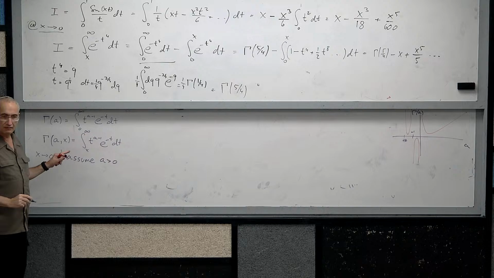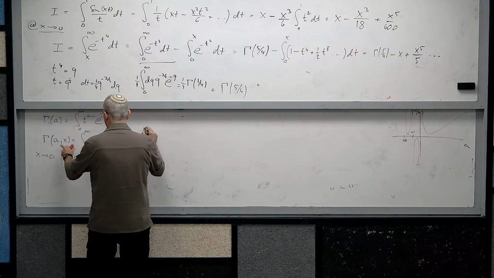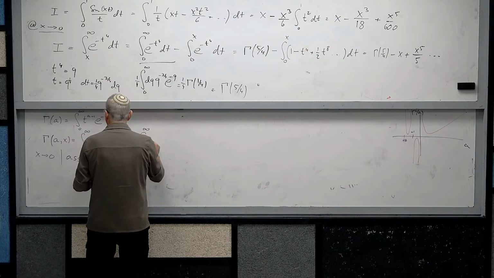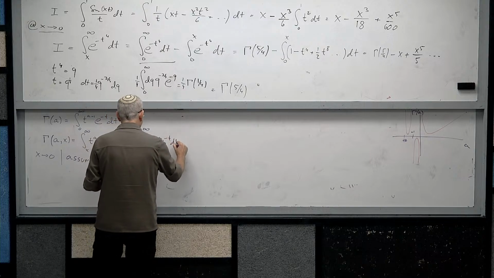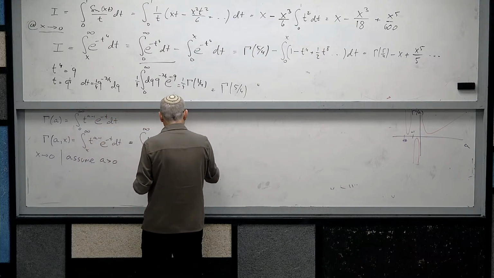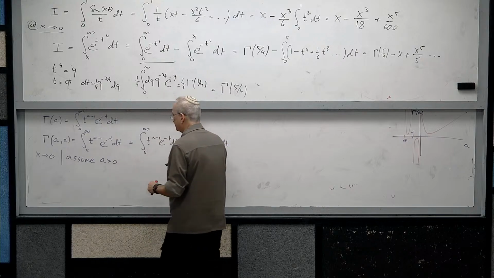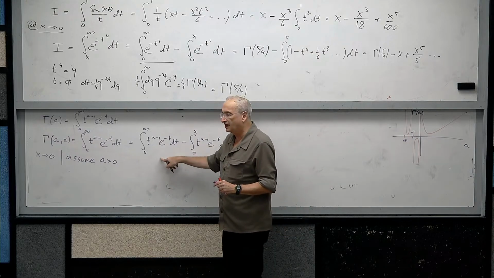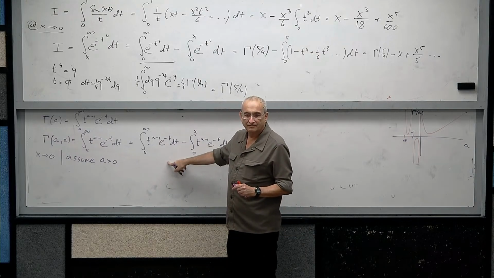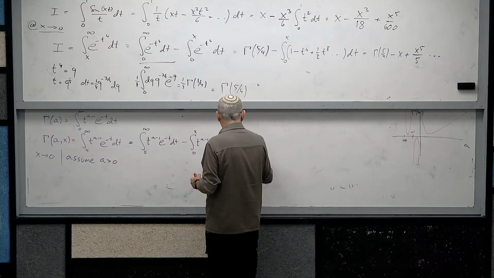If a is larger than 0, I can split this incomplete gamma function into the integral from 0 to infinity of t to the a minus 1 e to the minus t dt, minus the integral from 0 to x of t to the a minus 1 e to the minus t dt. You see? That's very simple. Now, the first integral is what? It is a complete gamma function.